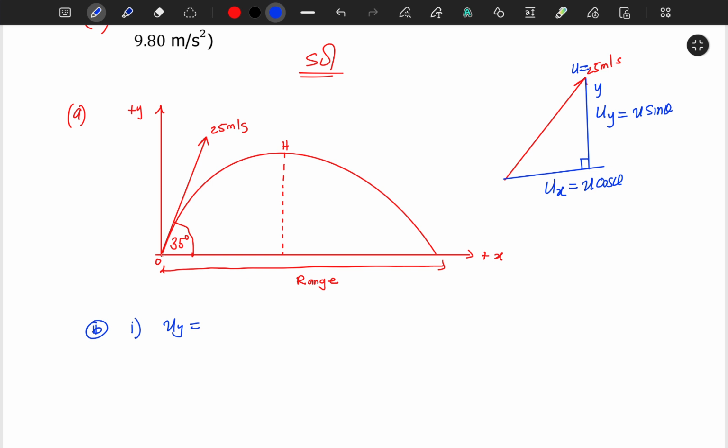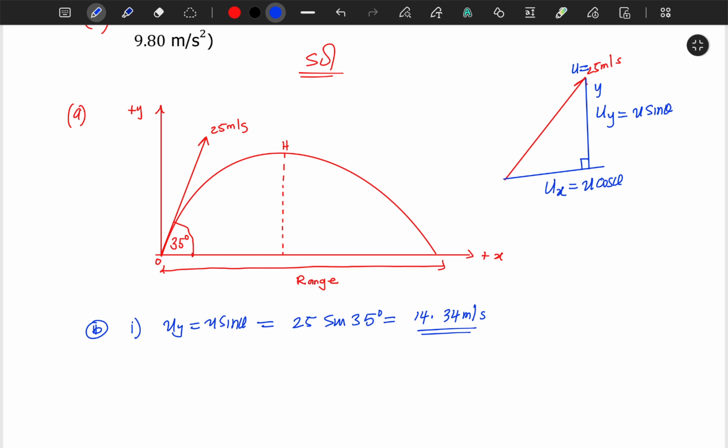Because for the y, we take the upward motion, since it is going against gravity, so there's influence of gravity involved. So uy equals u sine theta, which is 25 times sine 35. You can punch this on your calculator, and you should get 14.34 meters per second. So this is our vertical component of velocity.